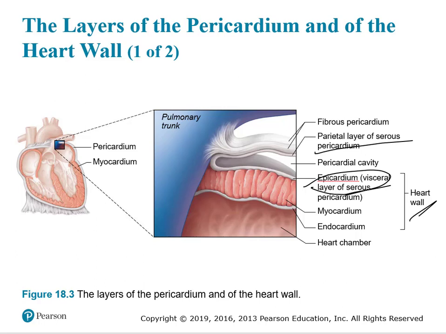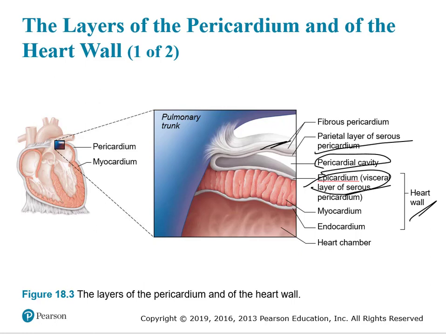And in between the parietal and the visceral pericardium, or the epicardium, you have the pericardial cavity, within which you have fluid to prevent friction between the two layers. The parietal pericardium is connected to the thoracic wall, and it doesn't move with the heart when the heart beats.